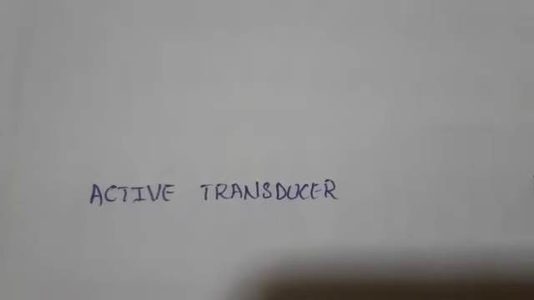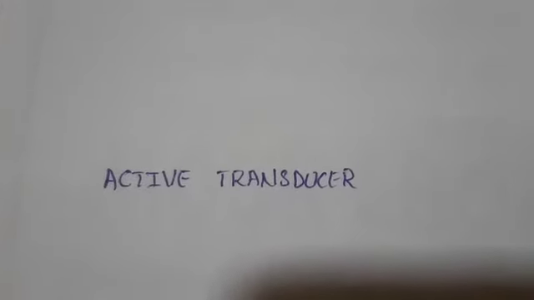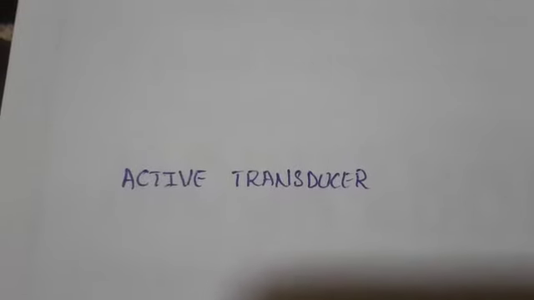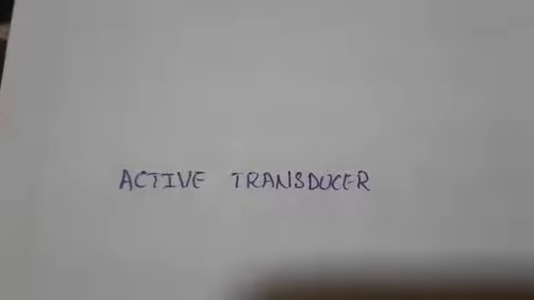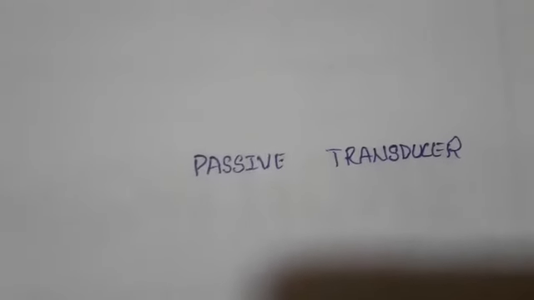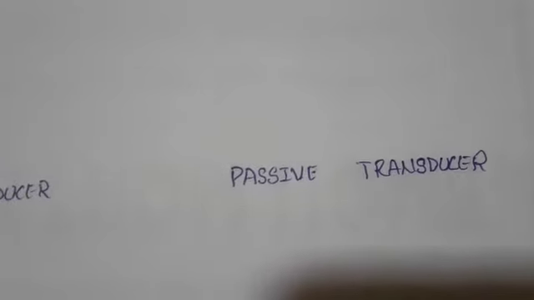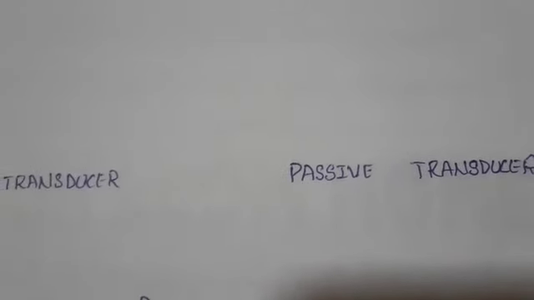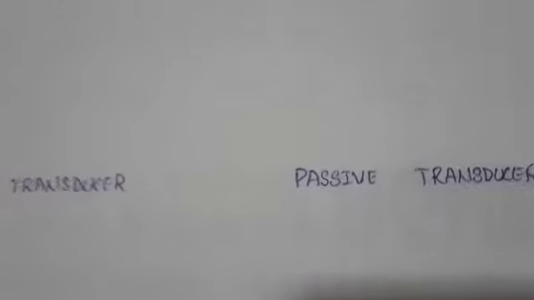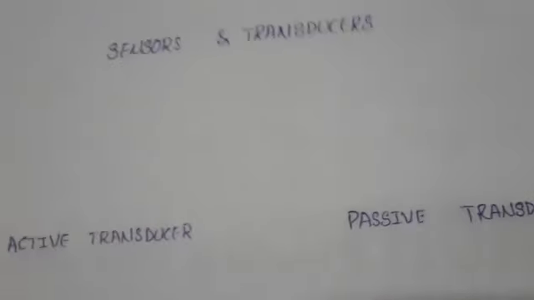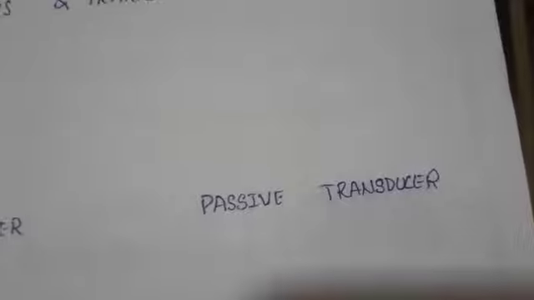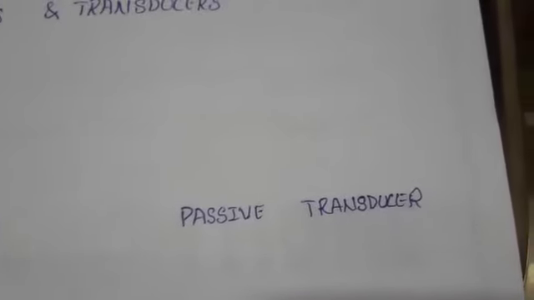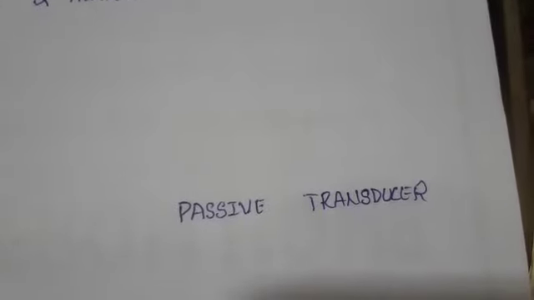Examples for active transducers are thermocouple, piezoelectric, pyroelectric transducers, etc. Passive transducer examples are RTD, the resistance temperature detector, and another one is thermistor, potentiometer, etc.